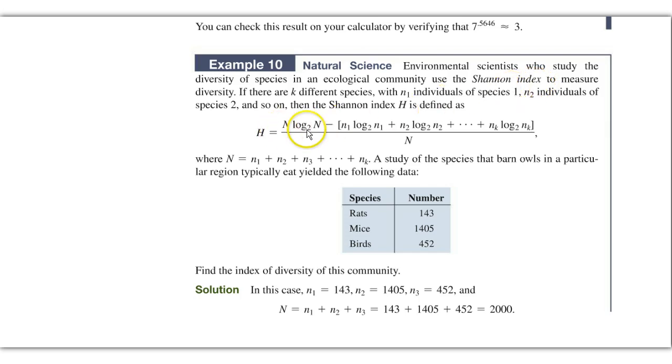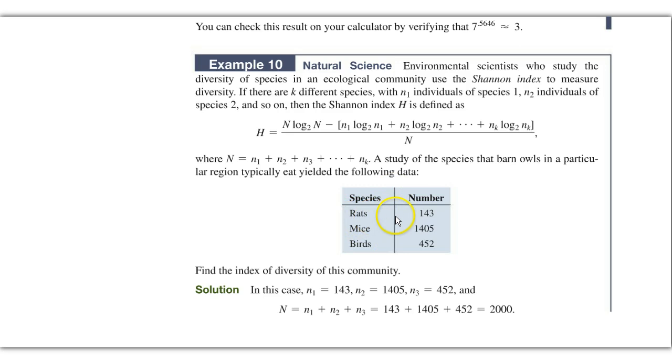It's listed by this, where if you know the number of species and then the individuals within that species, it's found out by using this particular formula, and we're talking about an owl that may eat this, what is the index of diversity?